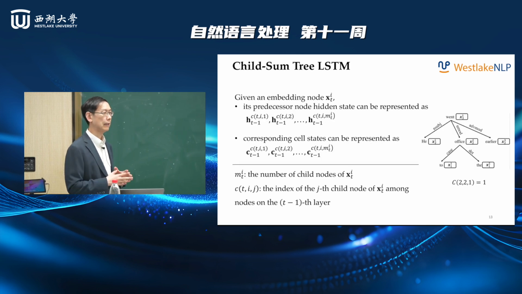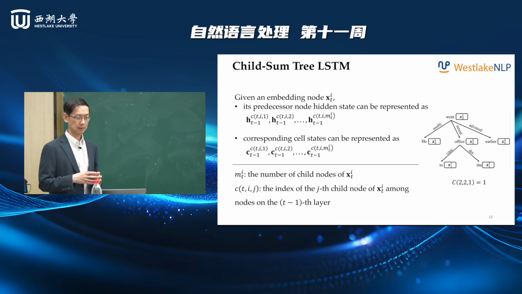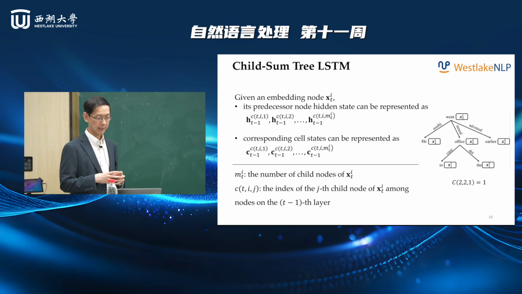So I want to build an LSTM to this end. So for any node, I denote it as x_t^i. It has subnodes, which I denote as h_{t-1}. Why t minus 1? Because I'm doing bottom up, right? So the subnode has a lower time step index.